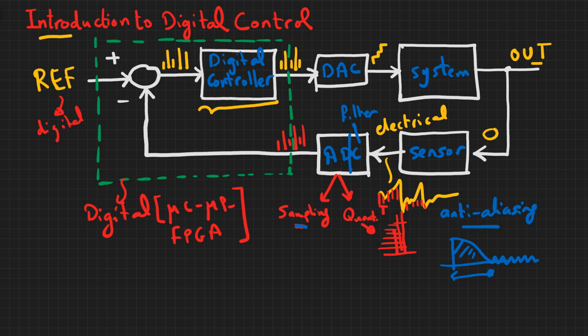So you have both of them at the same time, because most of our systems are usually in the continuous time domain, and most of the time they are not even electrical. They could be mechanical, they could be fluid systems. So there are different kinds of systems. They don't necessarily need to be electrical, but they are continuous time, while the controller here is in discrete time. So this is one of the interesting things that will require some of our attention during this part of the course. All right.